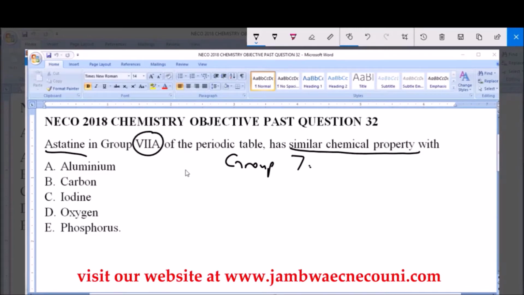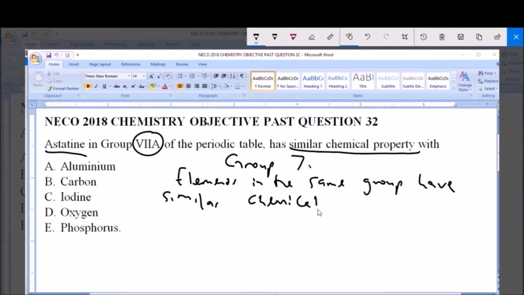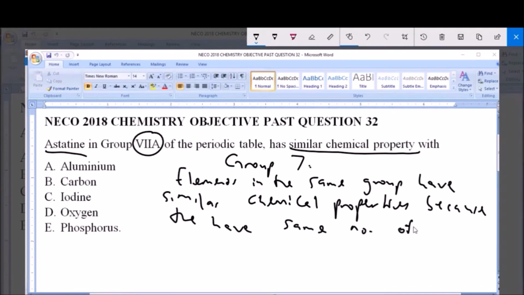Now the important thing to note is that elements in the same group have similar chemical properties because they have the same number of valence electrons.